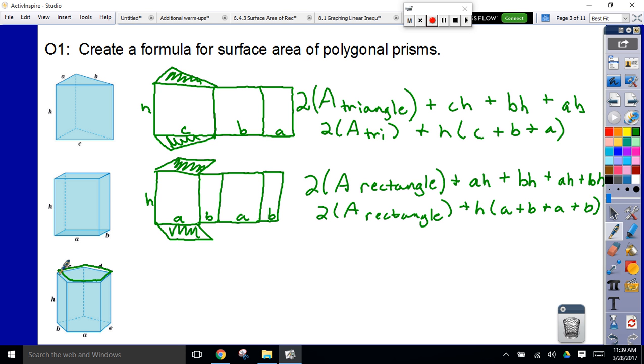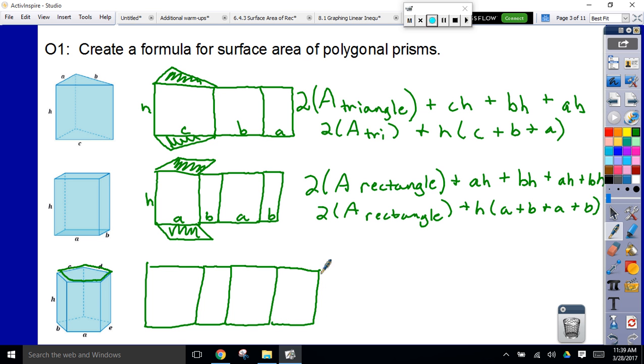Now this pentagon looks like the first is a little wider than the second one, so I'm going to make a fairly wide piece. And then it looks like it has a narrow one, 2 wide ones, and another narrow one. So I'm going to go with a narrow lateral face, 2 more wide lateral faces, and finally a narrow lateral face.